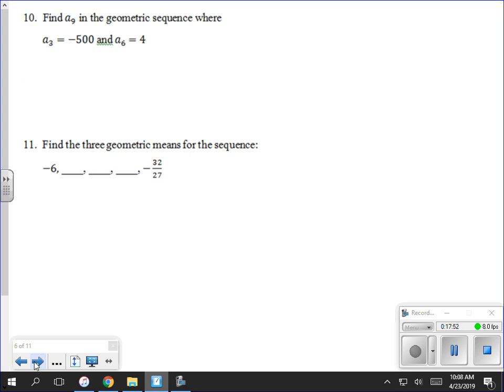R is the root of 4 over negative 500, and it would be the cube root because 6 minus 3 is 3, so it's the cube root of that.